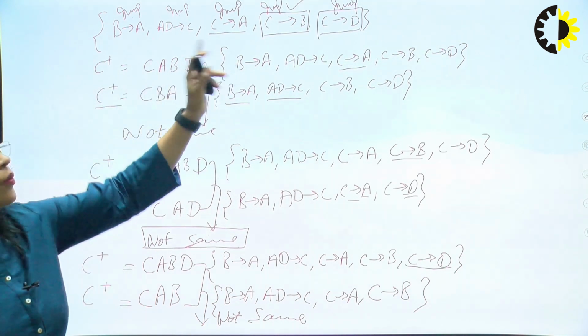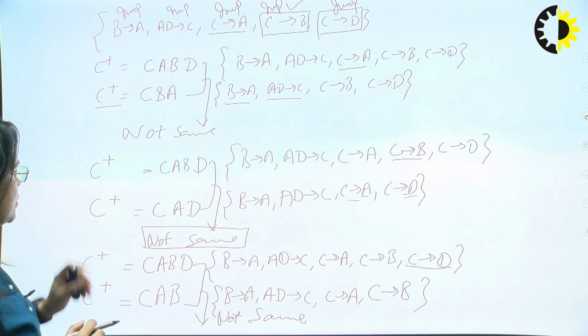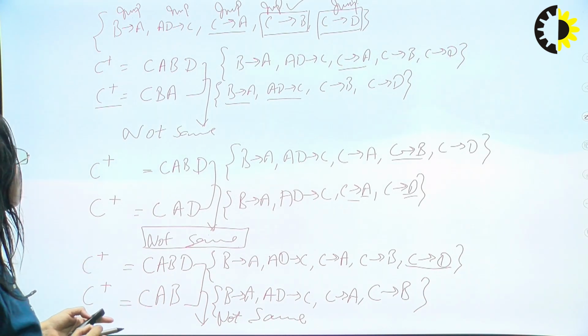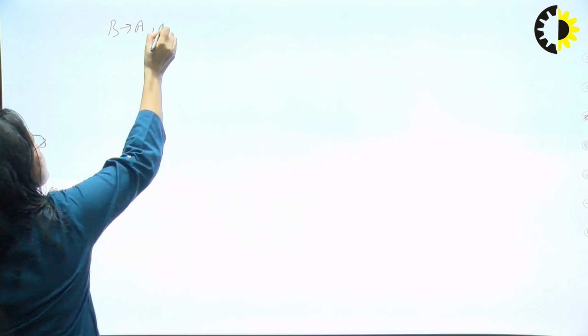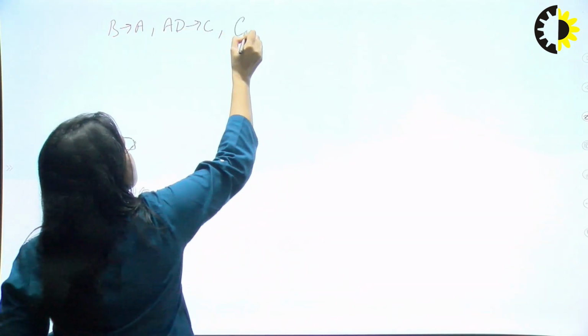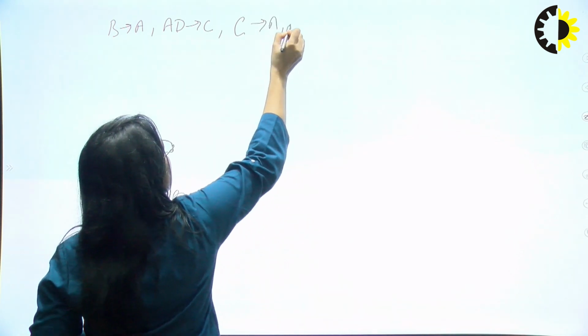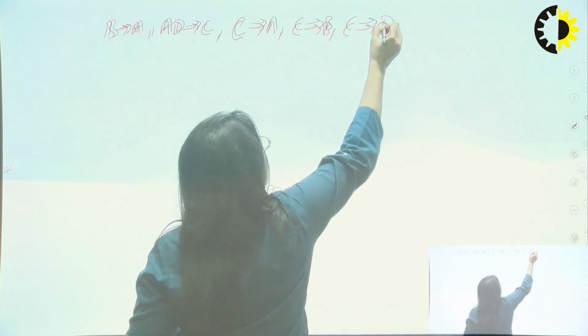We have found all the dependencies important, right? So here we have the set. This one, A tends to B, AD tends to C, C tends to A, C tends to B, C tends to D.